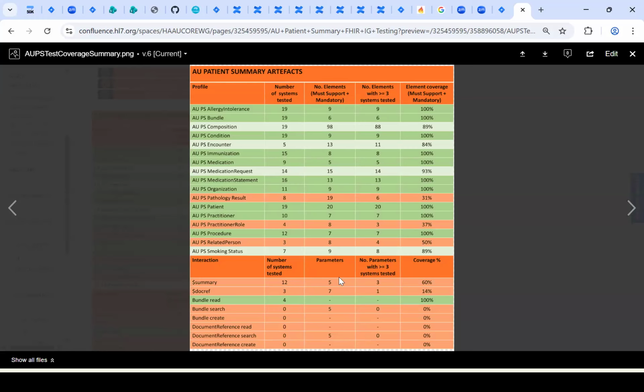And of the 5 different parameters that you can use for dollar summary, we've got consistent results for 3, and most systems are doing 4, I think, actually. One of the notable ones is that I think Orion Health is doing the profile.